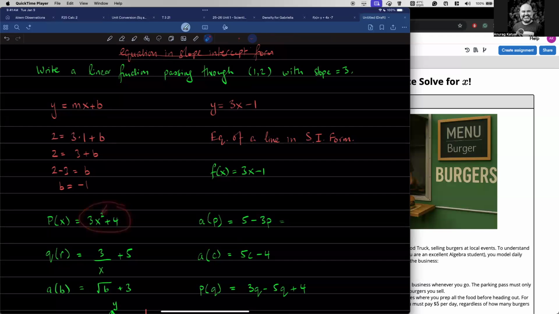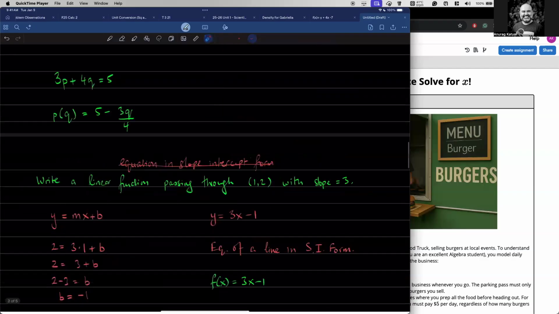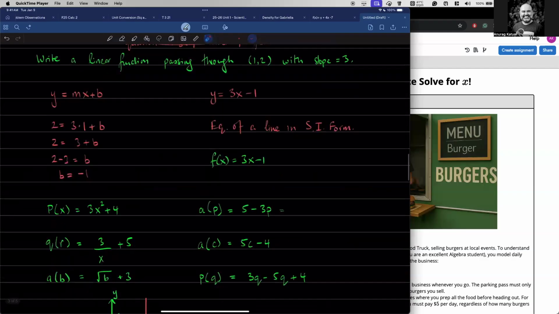Remember these 4 that we talked about earlier? So this one is an example of a quadratic function. Is this in the form mx plus b? Is the variable being multiplied by 3 or is it being divided by 3? So this is not a linear function.